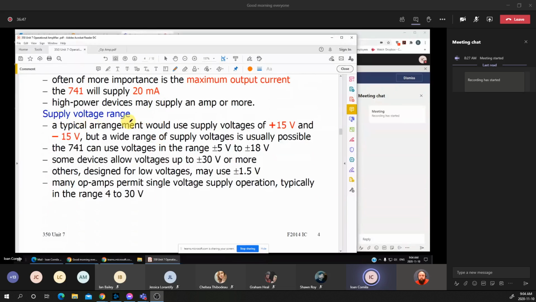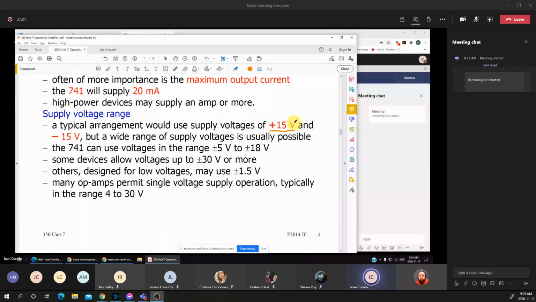In terms of the voltage sources, most of the time you will see a range. For the 741, it can be connected between plus or minus 5 volts and plus or minus 18 volts. Usually, the typical value for the supplied voltage is plus or minus 15 volts. That's the most used voltage in using the op amps.